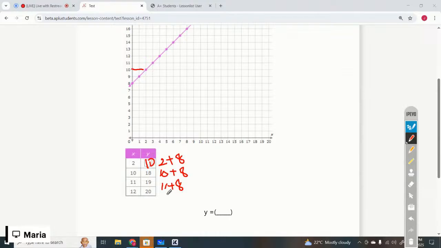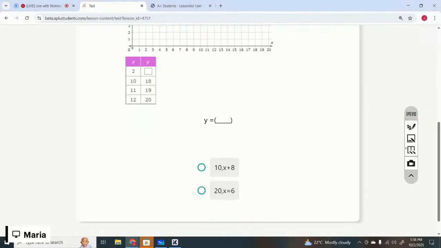And 12 plus 8 is 20. So the equation is y equals x plus 8. The correct option is y equals x plus 8. Missing value is 10 and x plus 8. Option number 1 is the correct option.